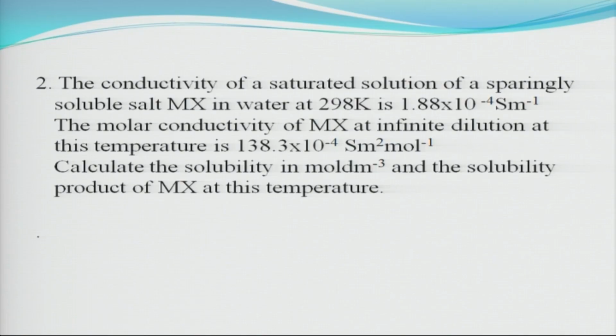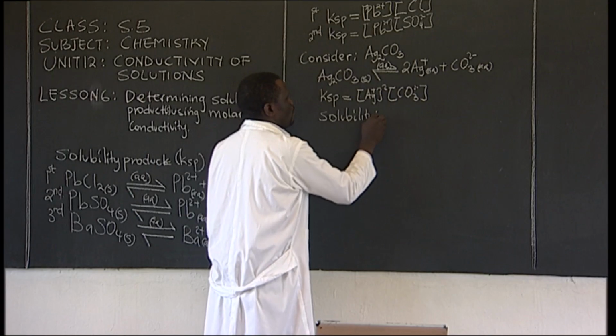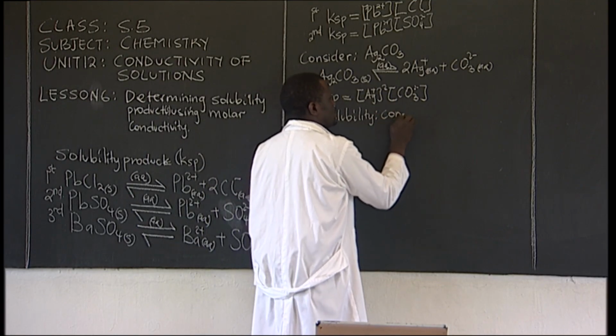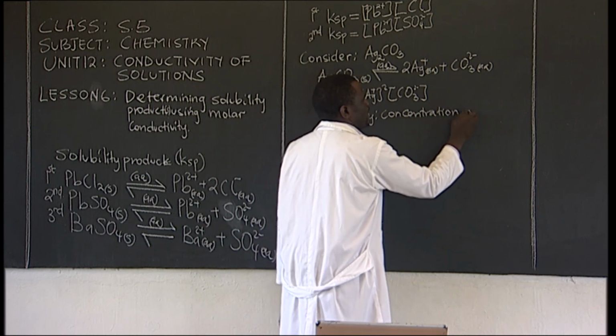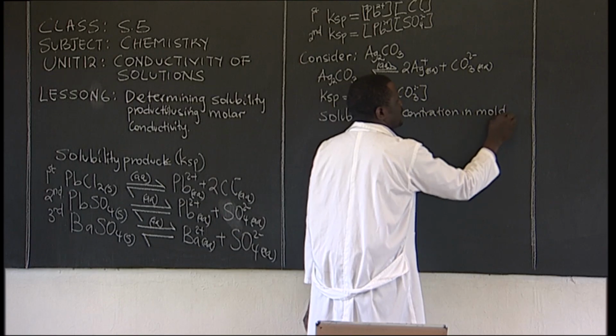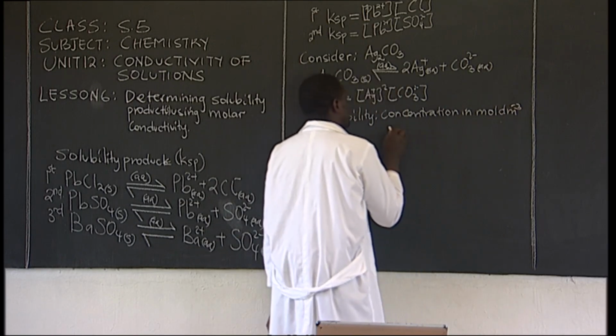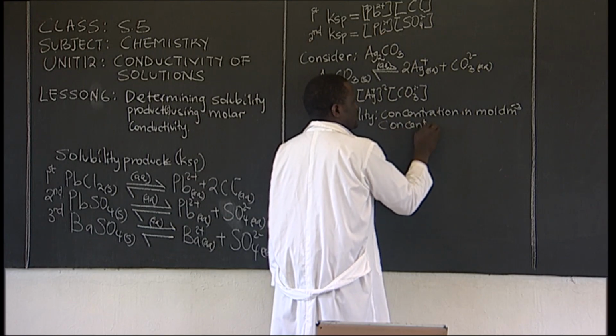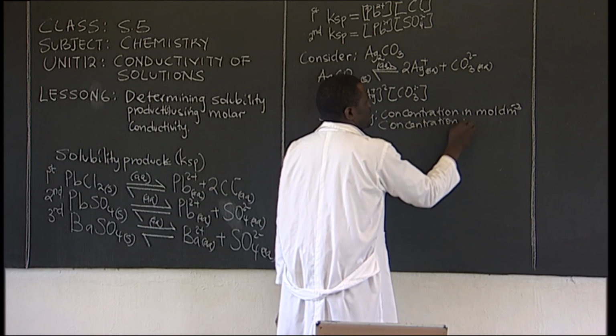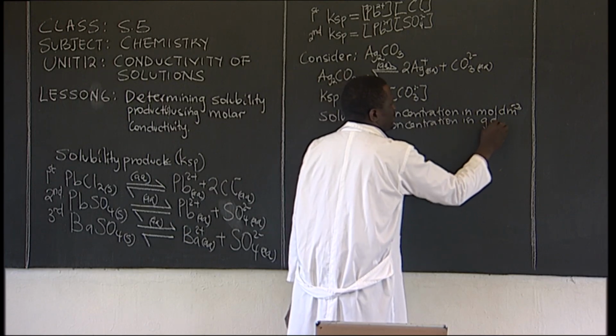So we are going to determine solubility in moles per liter, which is going to be concentration. As I've said, when we say the word solubility, we can mean concentration in moles per liter. Moles per what? A decimeter cubed. Solubility can also be concentration in grams per decimeter cubed.